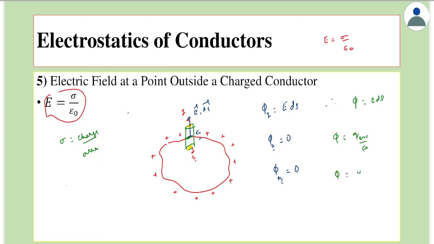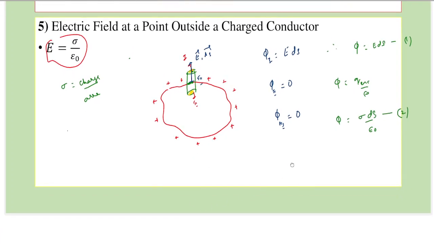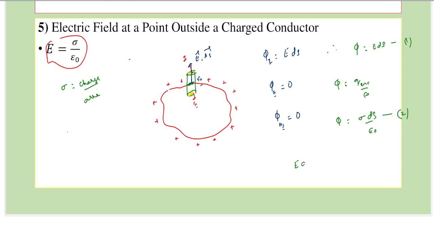Here the area is this part only, which is the same as the top surface, the enclosed part, so it is sigma dS by epsilon naught. This is obtained from the definition of flux, and this is obtained from Gauss law. Equating 1 and 2, you can say that E into dS is sigma dS by epsilon naught. From this, dS gets cancelled, and finally what remains is E is equal to sigma by epsilon naught.